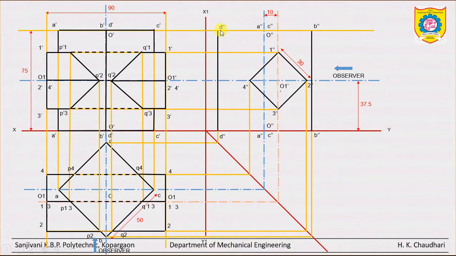Okay, and similarly this top faces. So this is the LHS view, and again edges A and C are intersected by the horizontal faces.